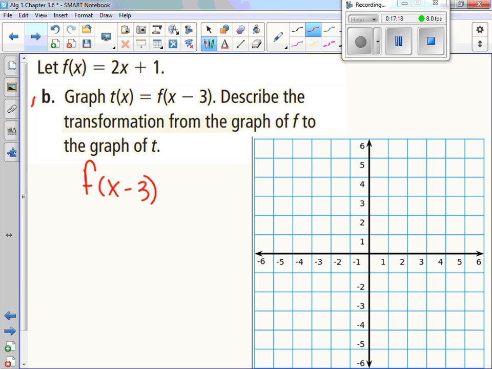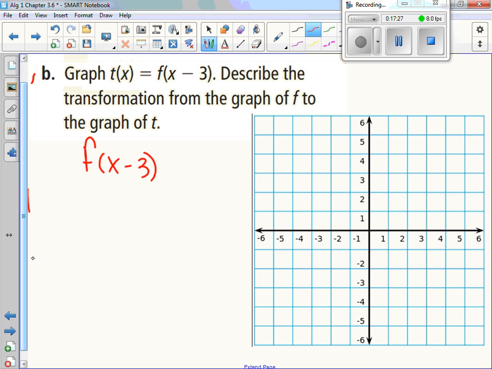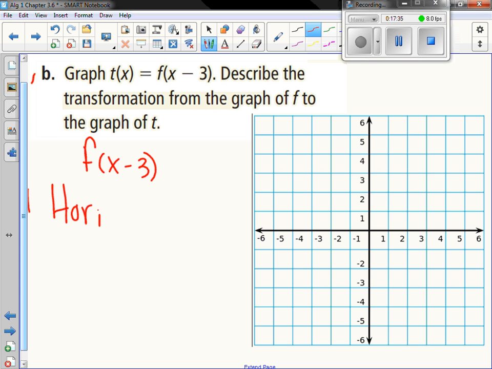It's just describing the transformation. So let's look at this one here. How would we describe this transformation of f of x minus 3? It would be horizontal because it's inside the parentheses. It's a horizontal transformation.